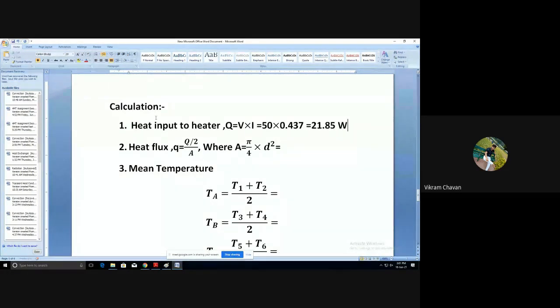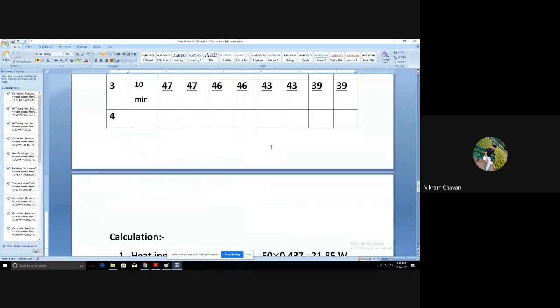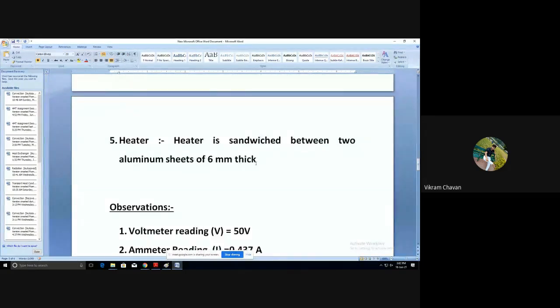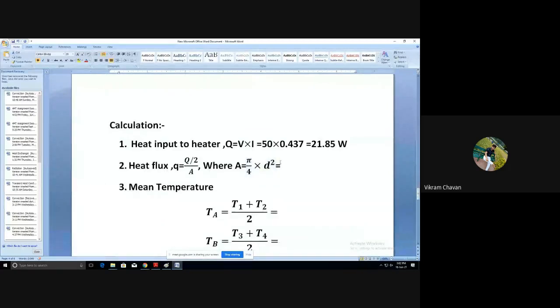Then heat flux. For that we require area, pi by 4 multiplied by d square. Take d as 0.270, which is in meters, because 270 mm divided by 1000.